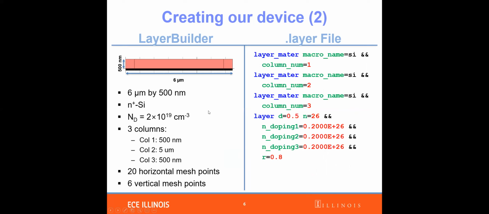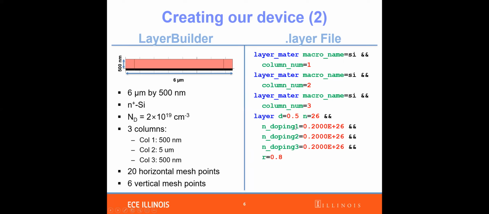So the first layer we are going to define is N plus silicon with a doping concentration of 2 times 10 to the 19, and the layer thickness is 500 nanometer. You define the layer material for column 1, column 2, column 3, and you define each layer thickness with the mesh information.